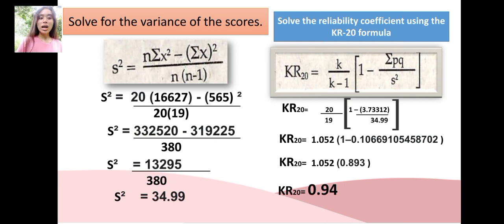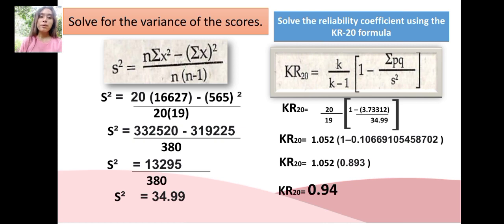Now we multiply 1.052 times 0.893, which is equal to 0.94. So that is the reliability of this test. The KR20 is equal to 0.94.